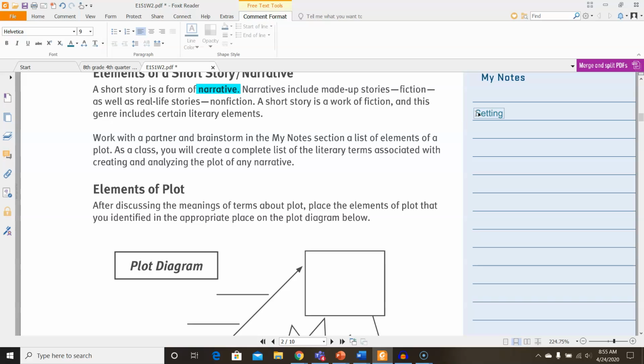It has to have some time when it happened, because it can't just not exist at any point in time. That doesn't make any sense. It's not something that our brains can really work around. So the setting, aka the time and place the story takes place, is a critical part of any story.